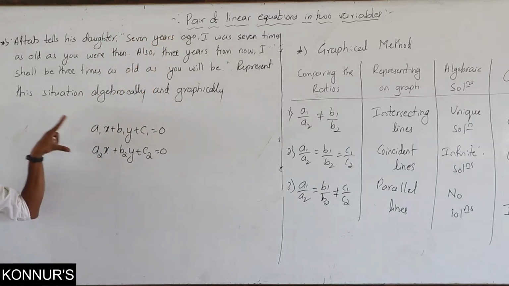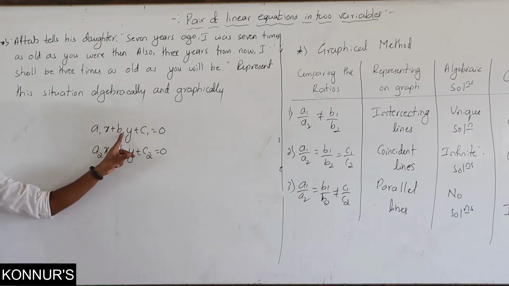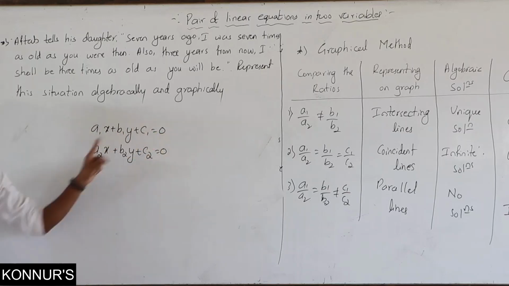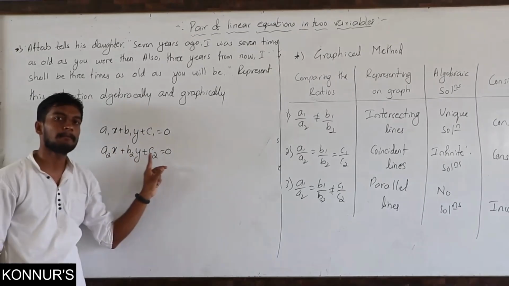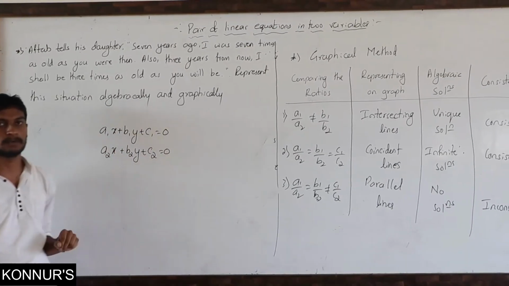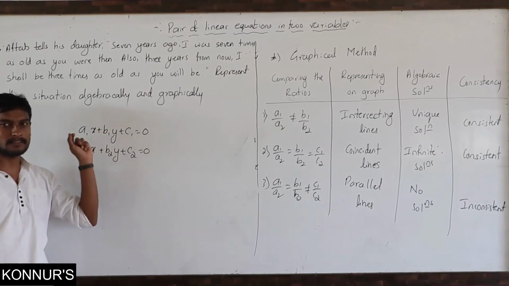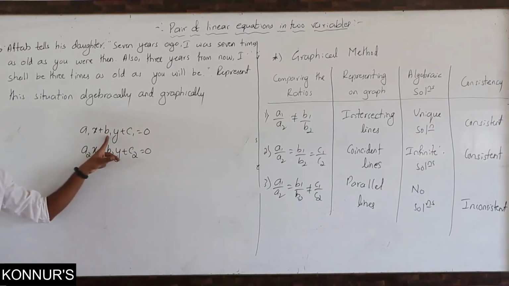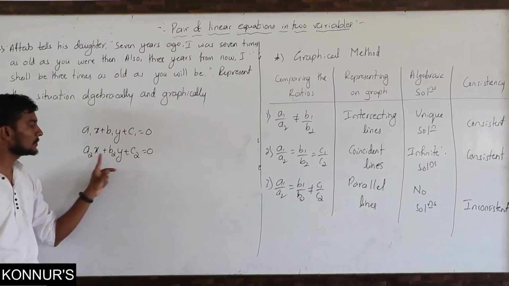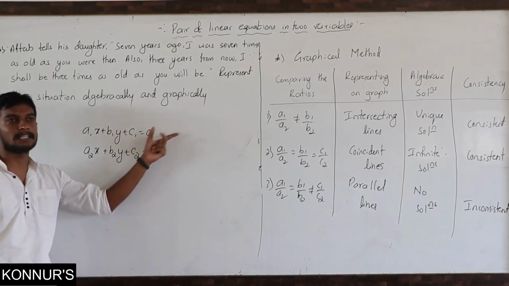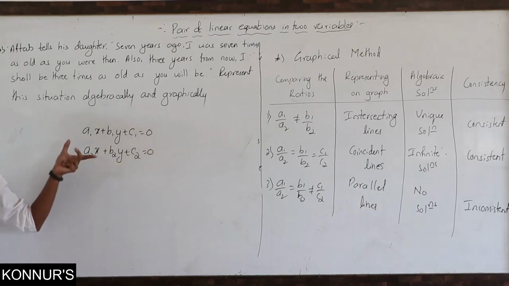This is known as the general form of a pair of linear equations in two variables, that is a1x plus b1y plus c1 is equal to 0, a2x plus b2y plus c2 is equal to 0. Here x and y are variables in both the equations, and a1, b1, c1, a2, b2, c2 are real numbers, also known as constants.